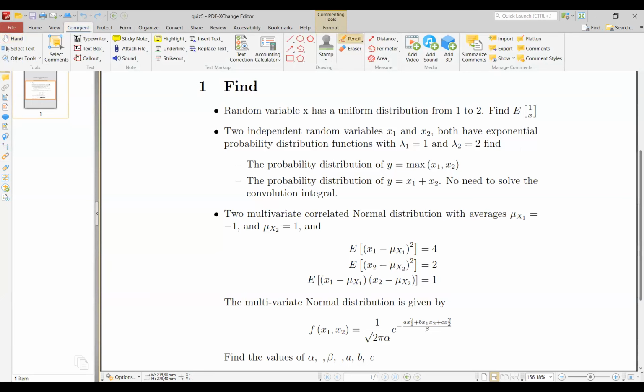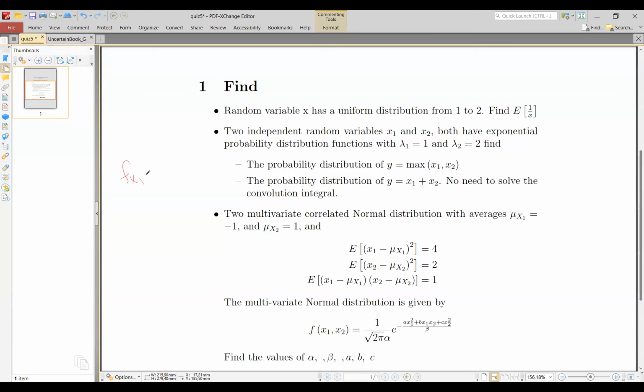For x1, f of x1 is equal to e to the minus x, and for x2, the distribution is exponential with lambda 2 equal to 2, which means it is 2 times e to the minus 2x.